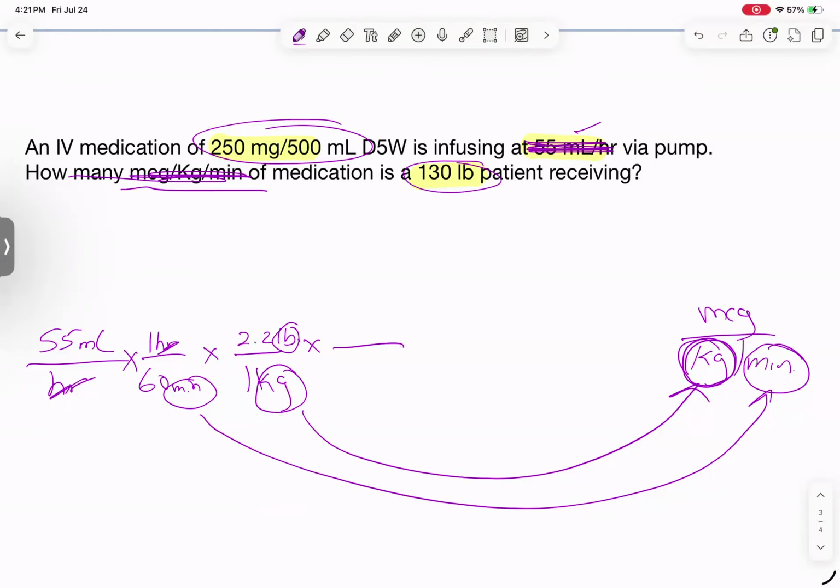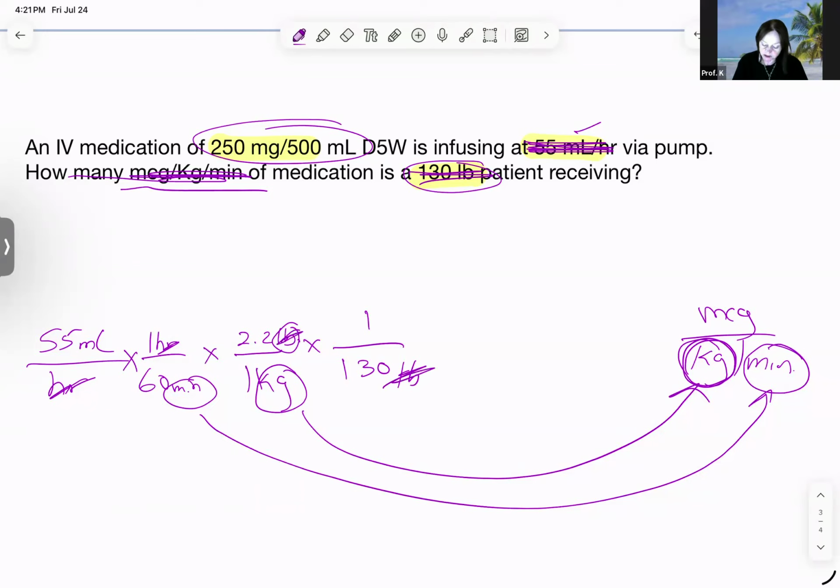So now it doesn't feel right to us because we've been practicing it with 130 on the top. But I'm doing what you need to do to solve. So I'm putting 130 on the bottom and I'm putting a 1 on top. And I'm crossing off those pounds. So now my denominator is done. Now I got to work on the top. I have a milliliter and I need micrograms. The only thing left in my problem is this concentration.